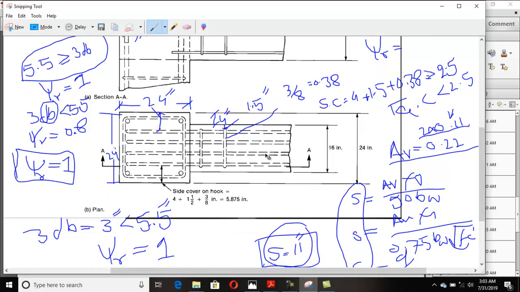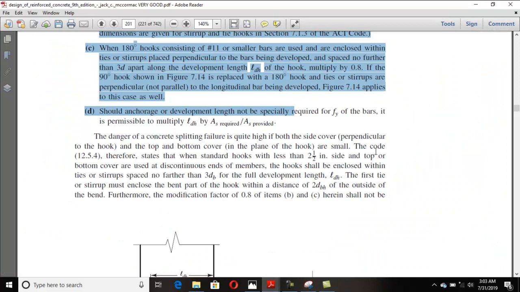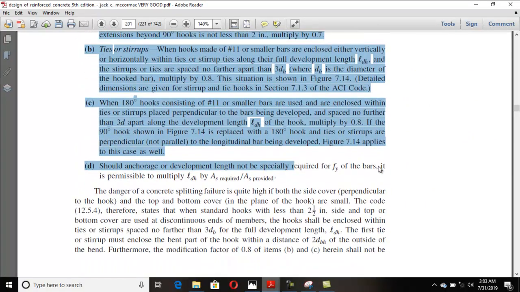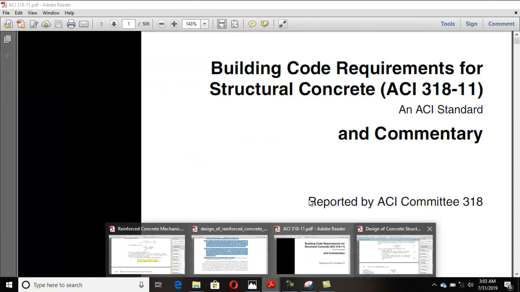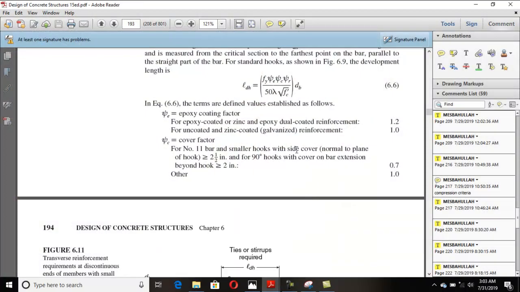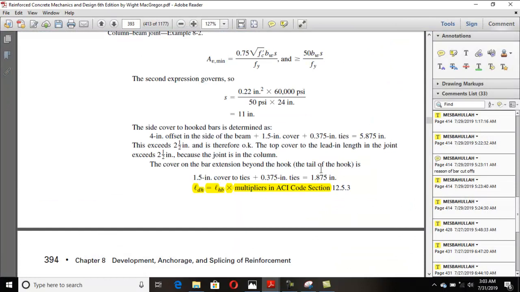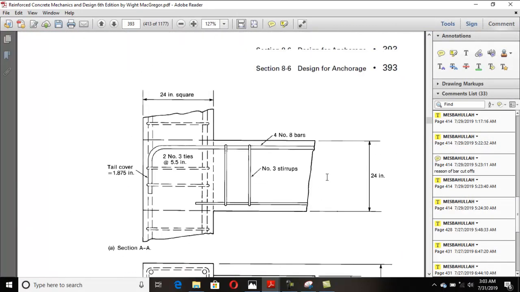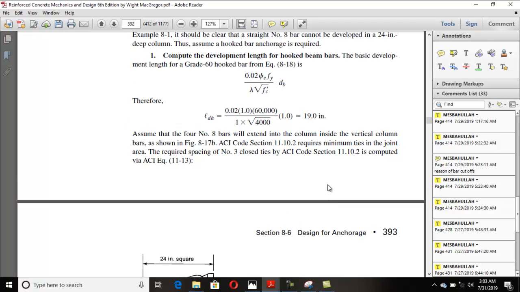So just multiply those psi r factor and, where is this one. Okay, not this one, this one. Okay, so you get the length of your Ldh, which was this one, 19.